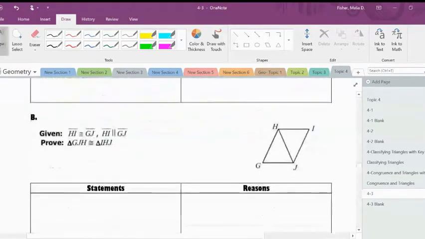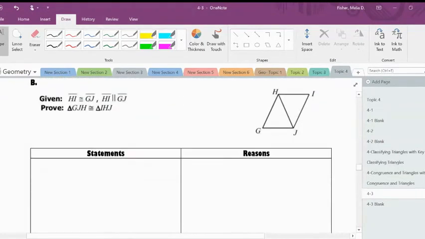Let's do another one. Again, we're going to start off with what was given to us. So I'm going to say that HI is congruent to GJ. And HI is parallel to GJ.